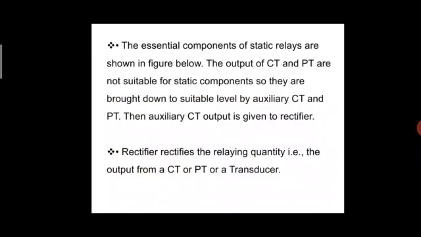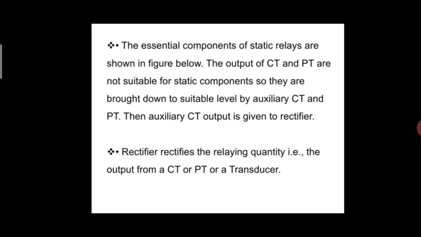The essential components of static relays are shown in the figure below. The outputs of CT and PT are not suitable for static components, so they are brought down to a suitable level by auxiliary CT and PT.